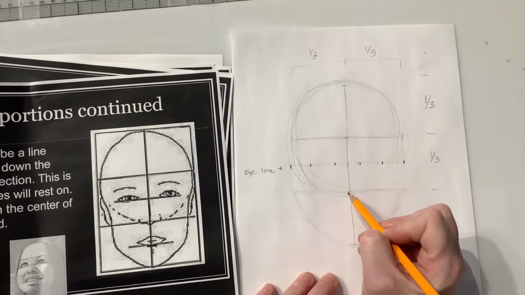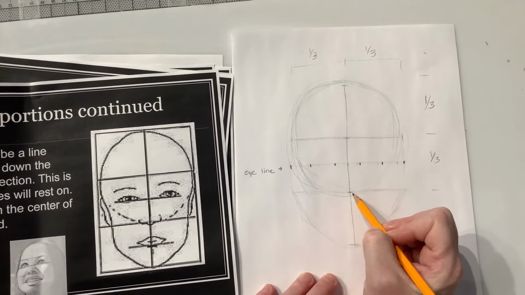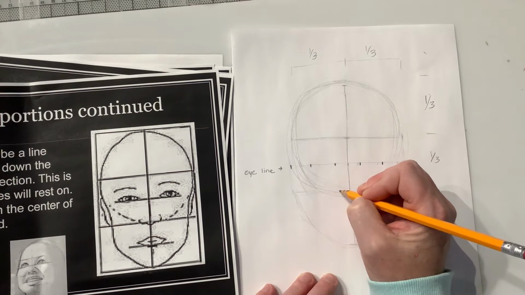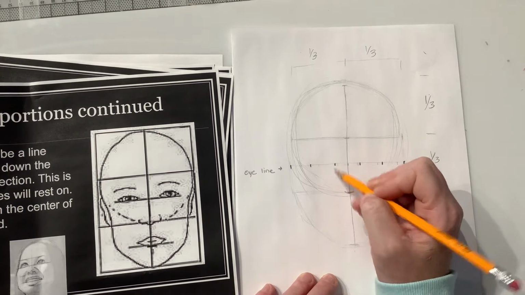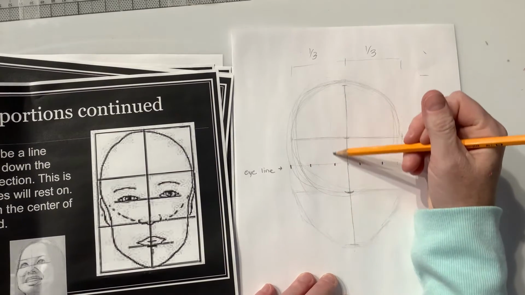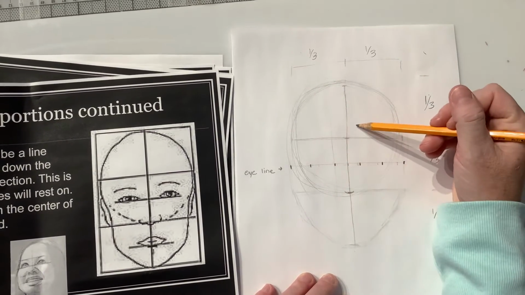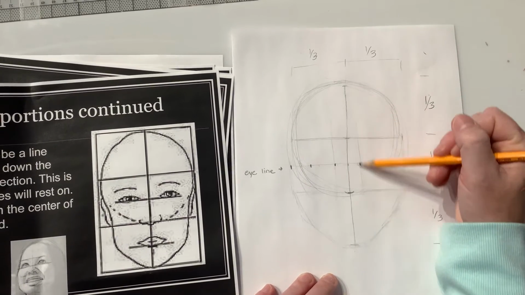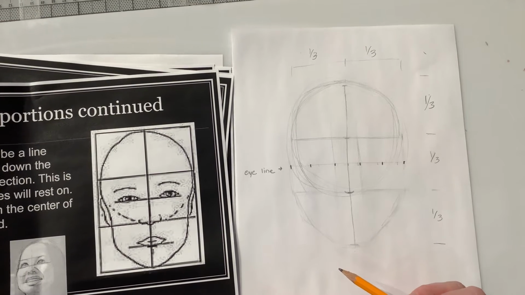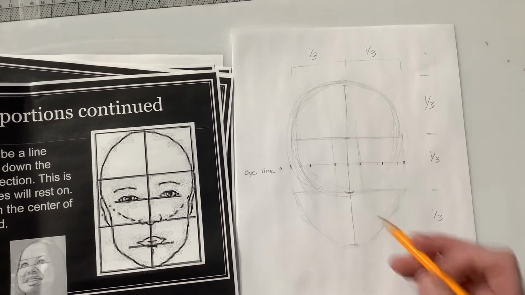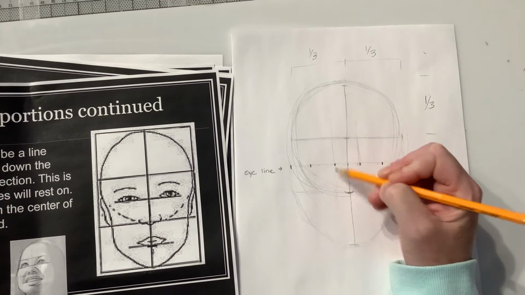All right, so at the bottom of that first 2/3, the bottom mark of that circle I just made is going to be the bottom of the nose. Now, the nose itself extends to about that corner of the eye. Now, this is a general rule, but it's not the way it always is. I have drawn people many, many times, and their noses are not always going to come to the corner of that eye length.